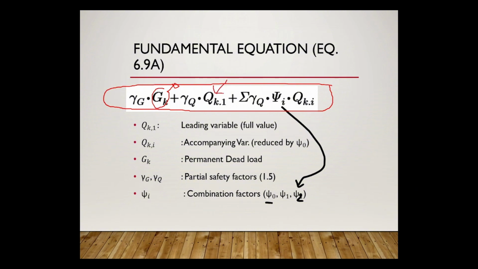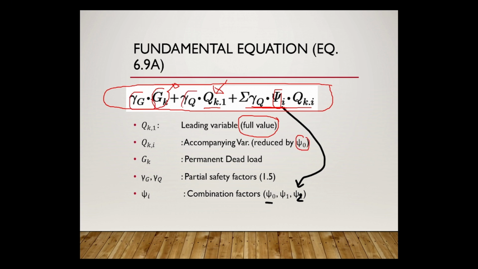Qk,1 is where this standard differs from other standards, because it means the leading variable action, where the factor of safety is taken at full value. The other term is for all other varying loads, but in this case we treat them as accompanying loads, where the factor of safety will be reduced by using psi naught, this one.